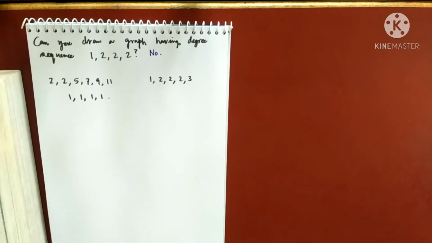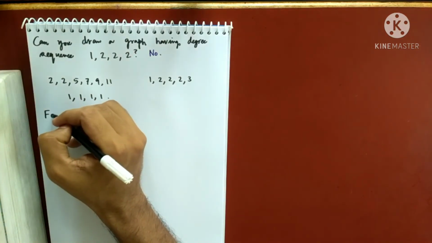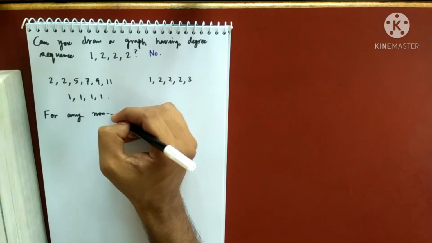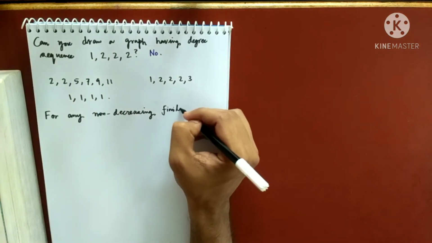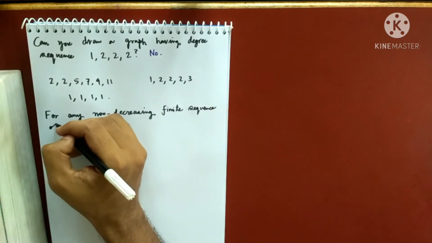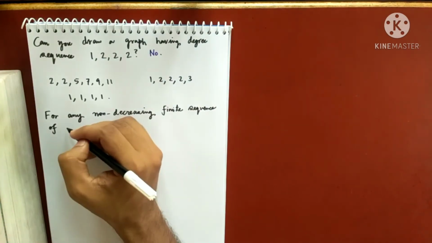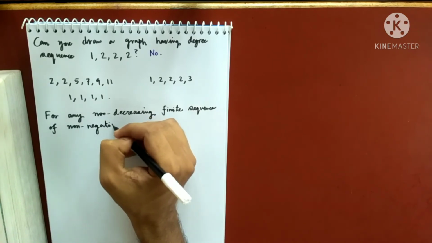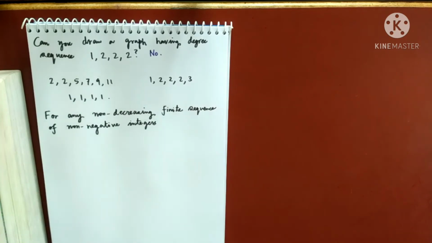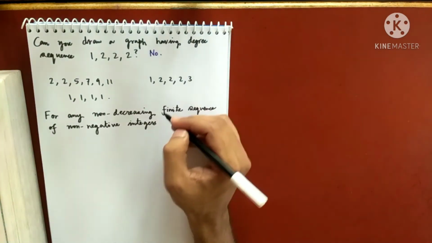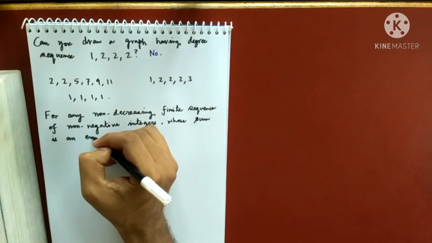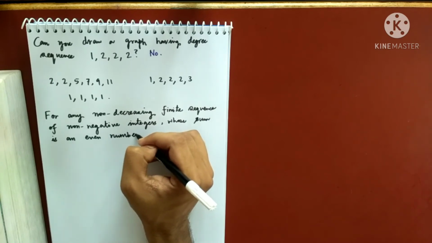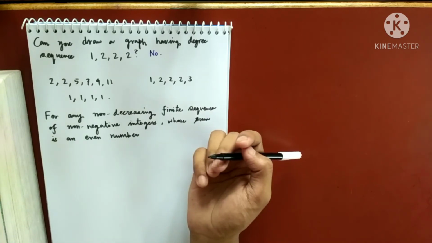So let me state the question very precisely. For any non-decreasing finite sequence of non-negative integers whose sum is an even number, this is required because if the sum is not even, you cannot draw a graph, right?